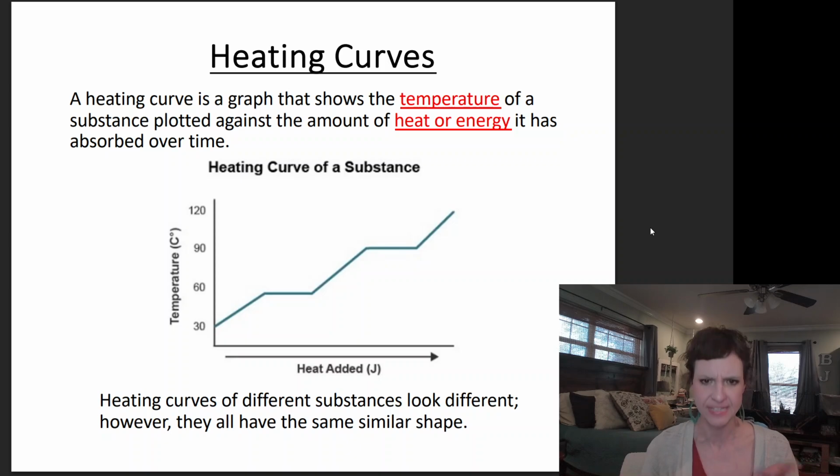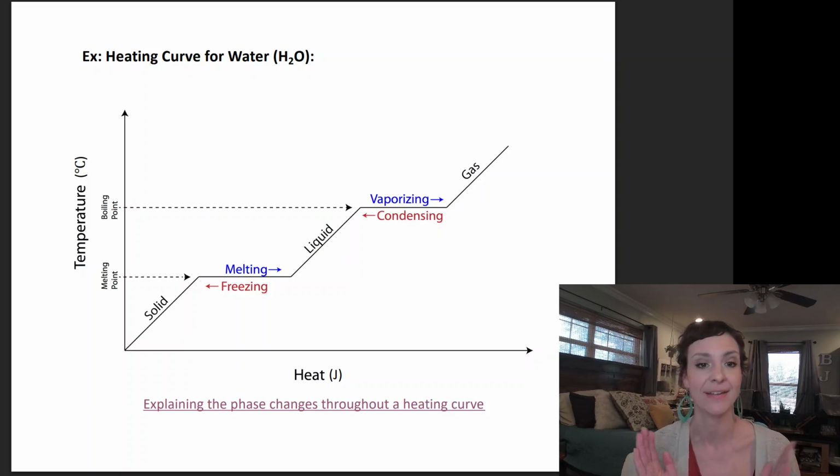But they all have the same general shape, where I have a jagged slope up in this direction. Oh my gosh. Okay, so here's the heating curve that you have on your notes. We are going to unpack all of this, but first we're going to check something out that helps summarize what we're about to get into with our discussion on this heating curve.